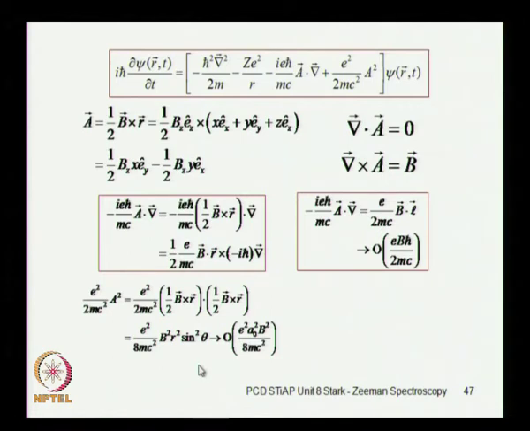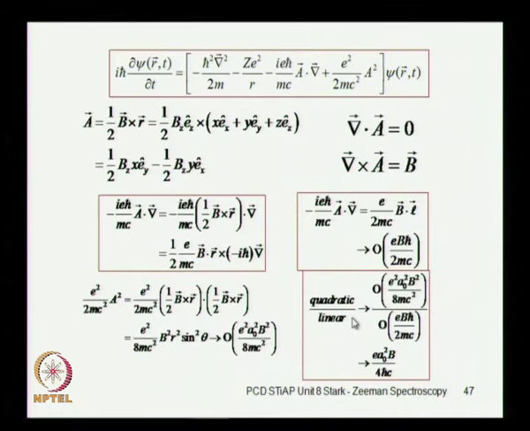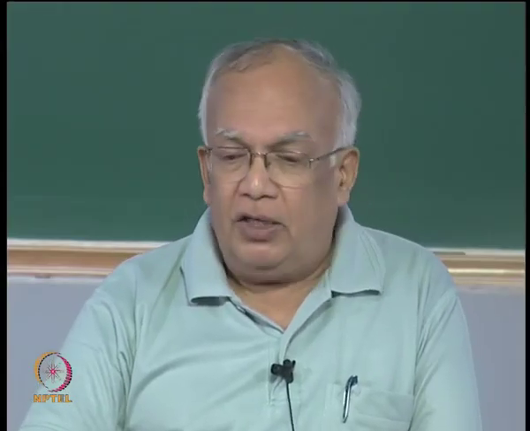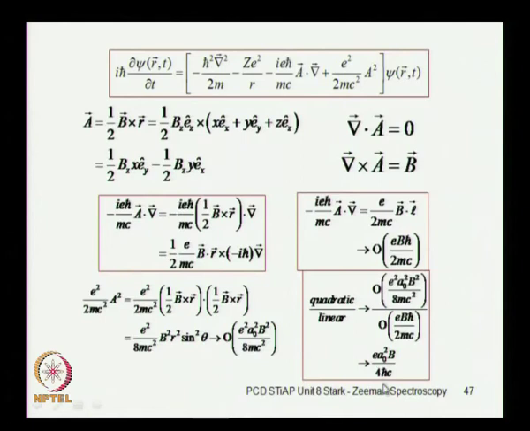Sine squared theta is of the order of 1, and this is of the order of B squared. So, if you take the ratio of the quadratic term to the linear term, it is of the order of B. So, unless B is really very strong, this is not going to be important. You have got the Planck's constant and the speed of light sitting in the denominator, and unless B is really very strong, this term is not going to be important.